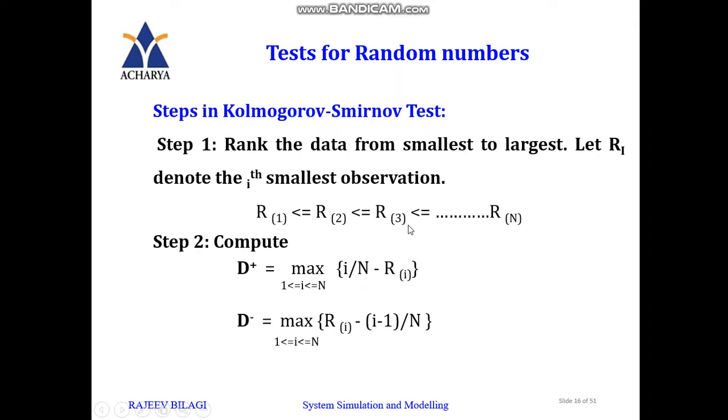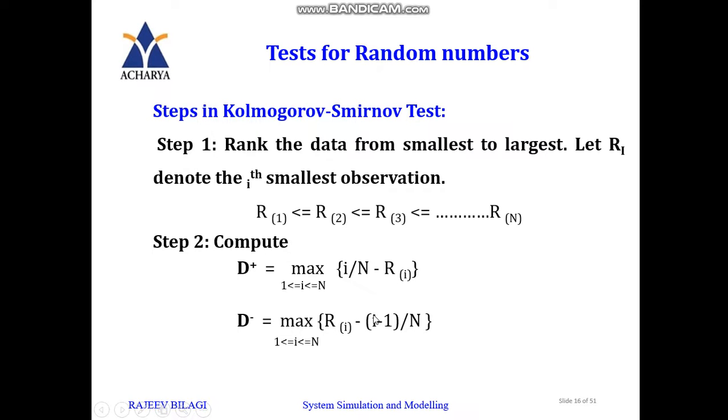After arranging all these random numbers, you compute D plus and D minus. How do you calculate D plus? It is the max of i by n minus R of i, for i from 1 to n. Similarly, we find D minus as the max of R of i minus (i minus 1) by n.